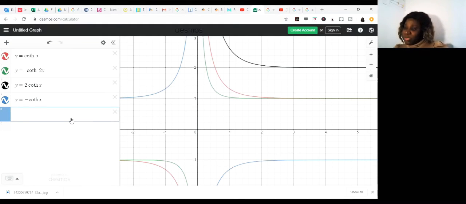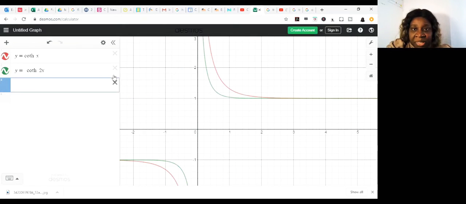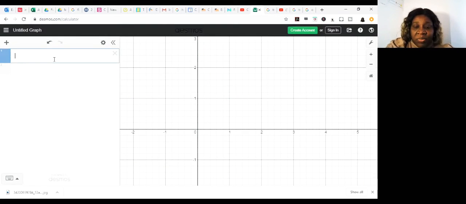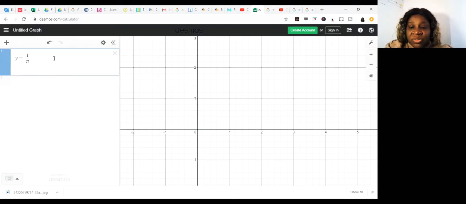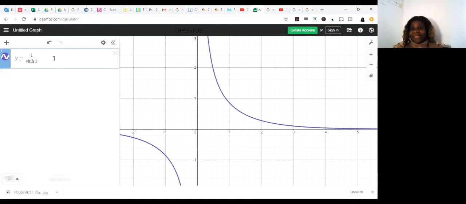Let me see if I could try 1 over sinh x. y is equal to 1 over sinh x. Let's try that. I'm going to get rid of these ones so that we can try. Yes, that's it.